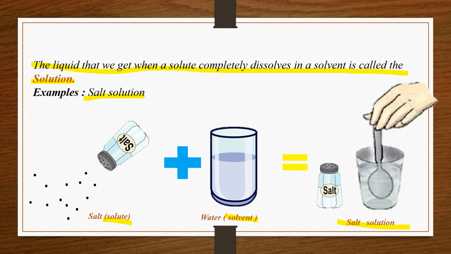So it is a good example of solute, that is salt, solvent, that is water, and after that you get a solution, that is salt solution. You can see how salt is dissolved in water, the solvent. And did you know, students, water is a universal solvent. Any solute can be dissolved in it.